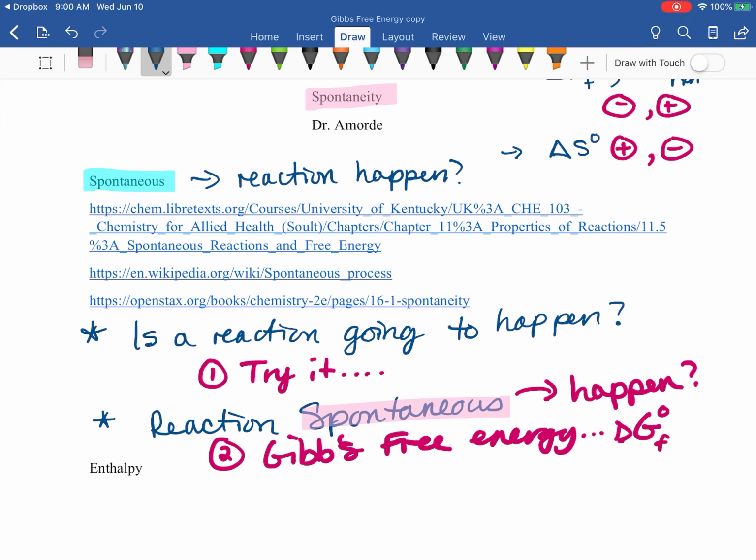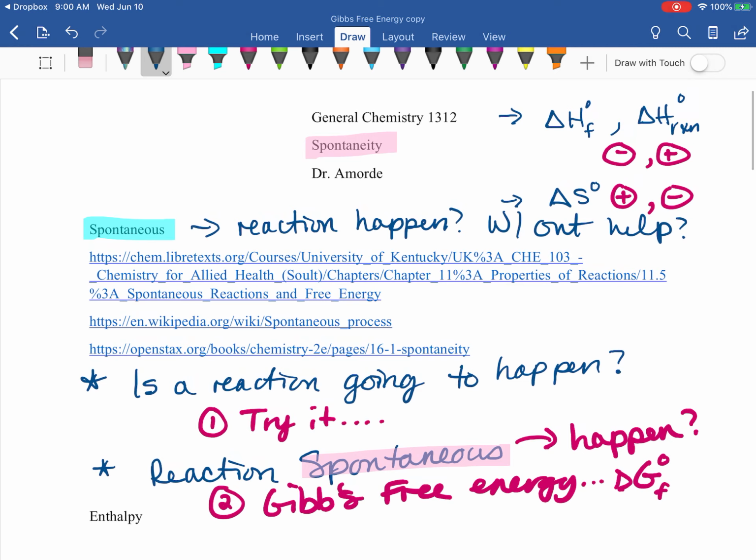If you've got a beaker of sodium chloride and a beaker of water, and you mix them together, will a reaction happen without you helping? So let's put "without help." We can actually calculate this, and it turns out that there are two main factors in whether a reaction is spontaneous, and that is, you guessed it, enthalpy and entropy.